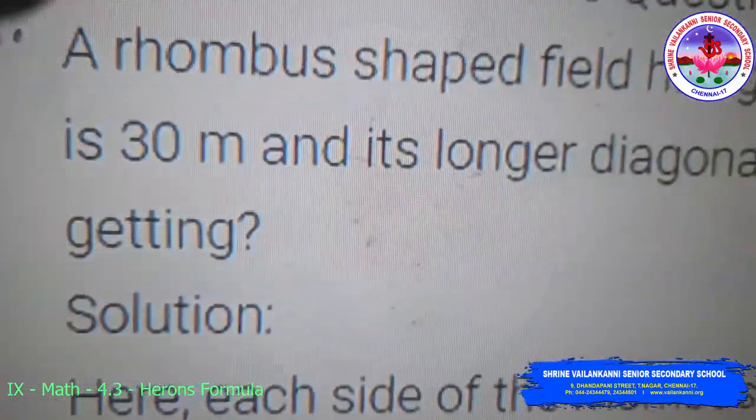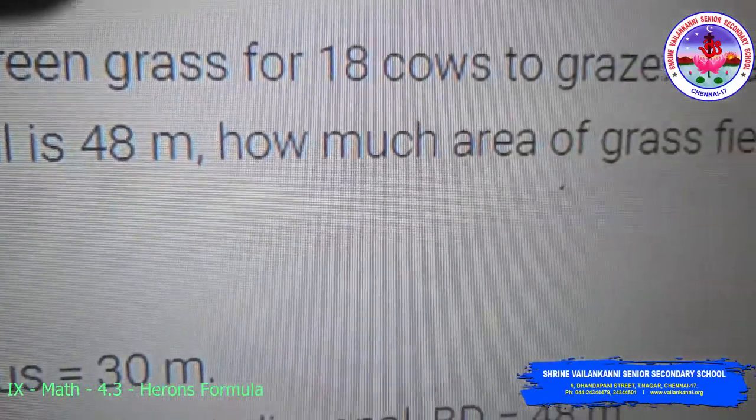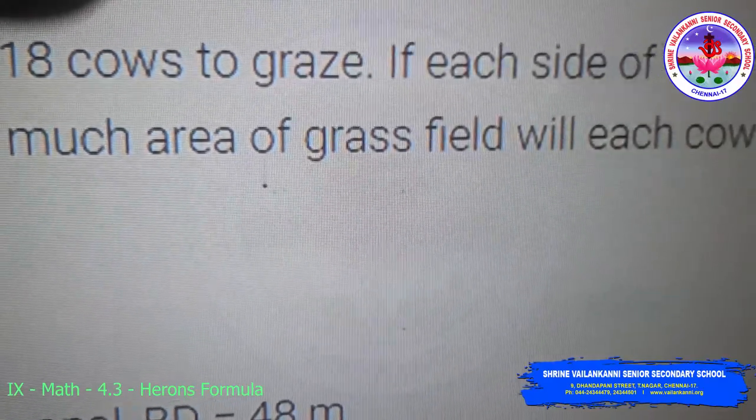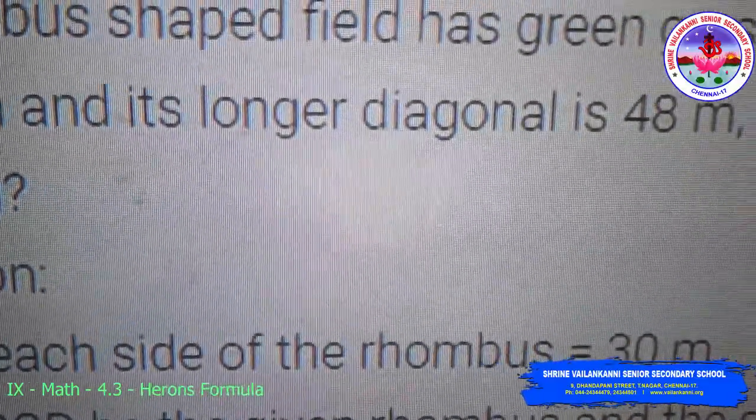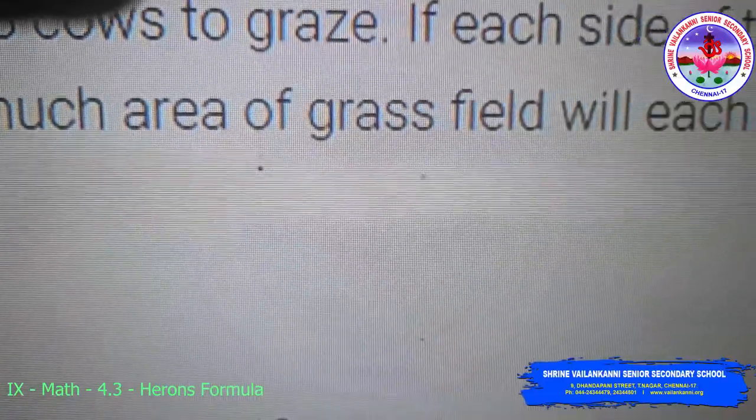Fifth problem: a rhombus shaped field has green grass for 18 cows to graze. If each side of the rhombus is 30 meter and its longer diagonal is 48 meter, how much area of grass field will each cow be getting to graze?